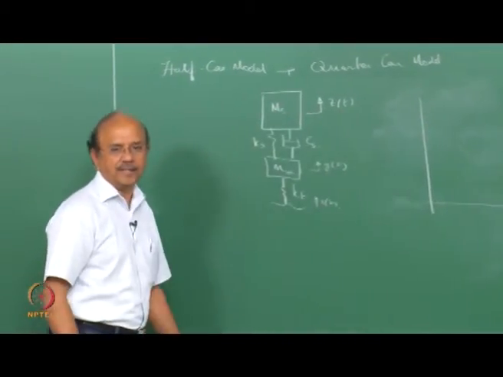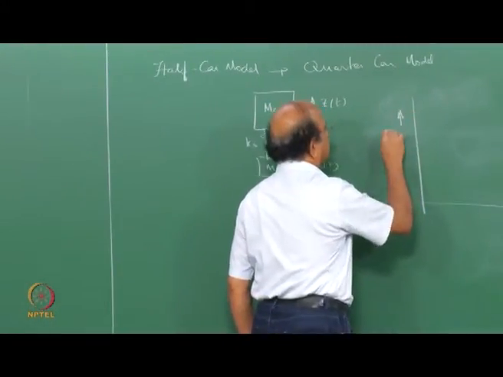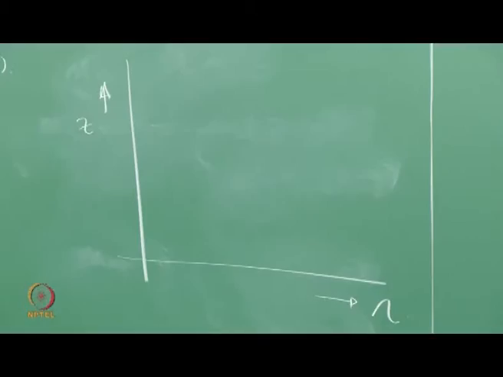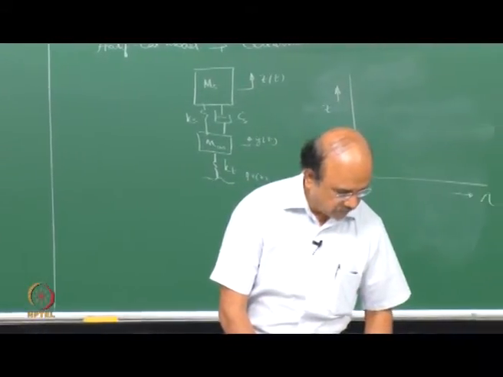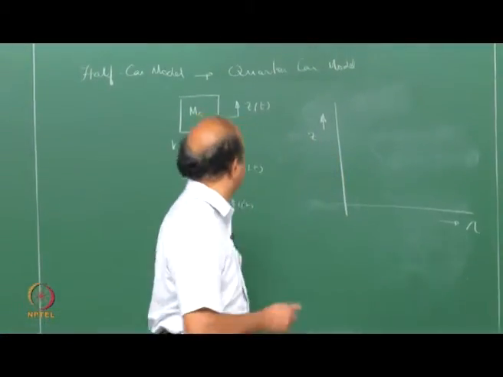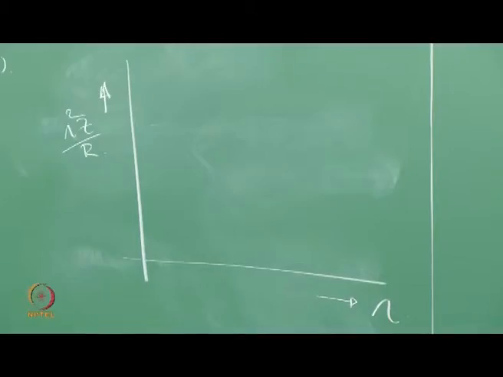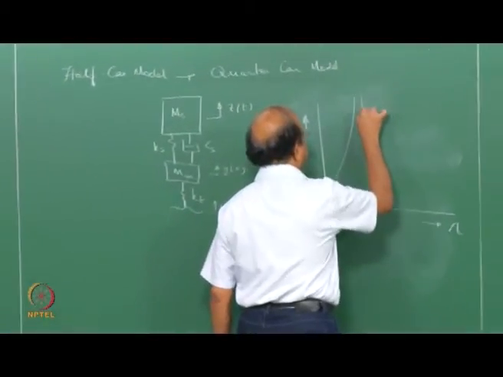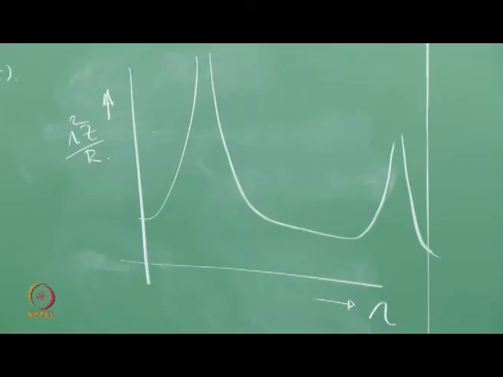Suppose I plot omega, the excitation frequency, versus normalized Z, which I plot as omega squared ZR, a normalized plot. When I plot it like this, my plot is going to look like this for C equal to 0.